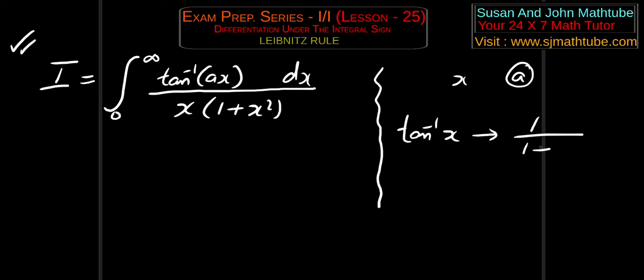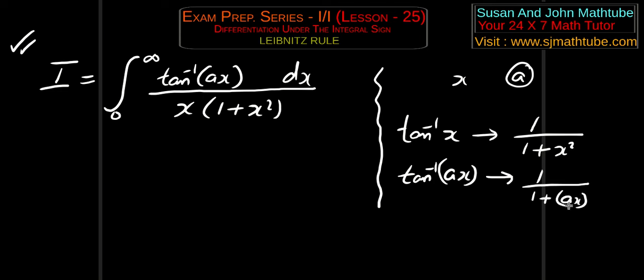What is the derivative of tan inverse x? 1 by 1 plus x square. What is the derivative of tan inverse a into x? 1 by 1 plus ax the whole square times a. Wait a minute. What is the derivative of tan inverse ax?